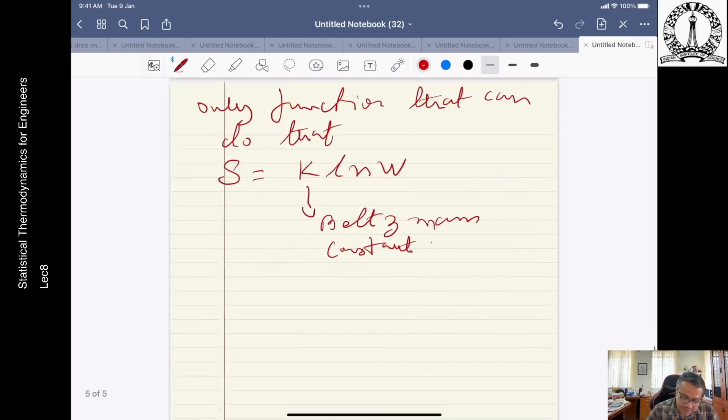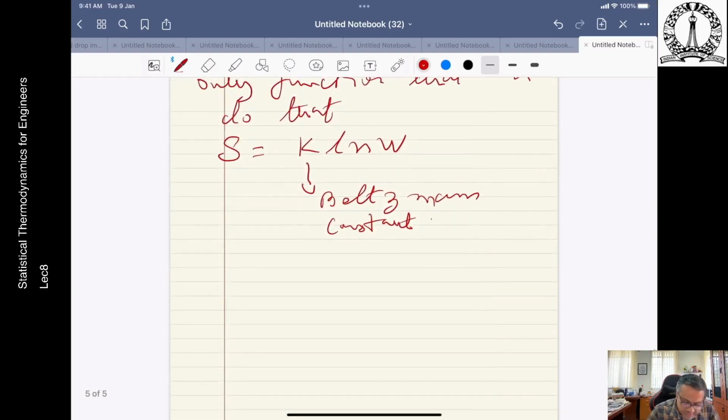Okay, so in other words, we can say that S is therefore K ln of the most probable distribution, right?